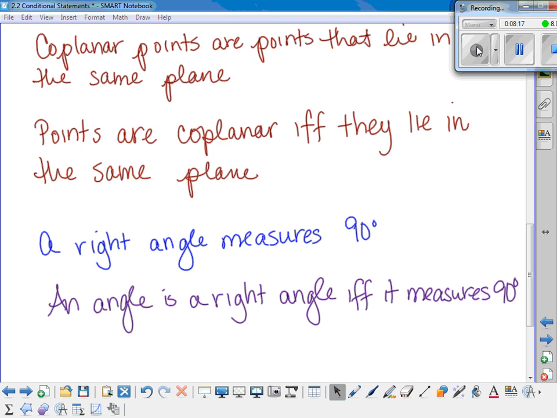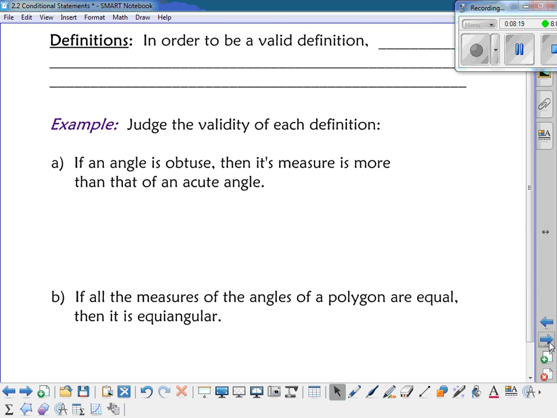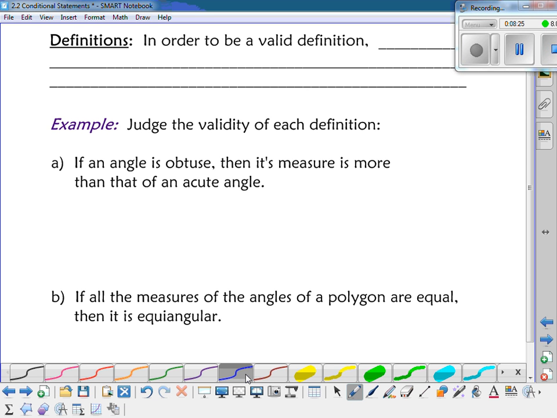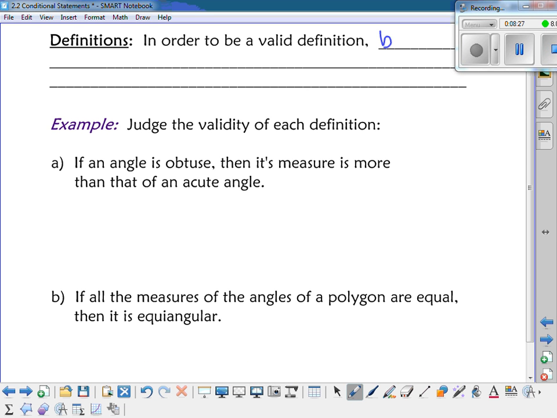Okay, so when we're talking about definitions, in order to be a valid definition, both the conditional and its converse must be true.